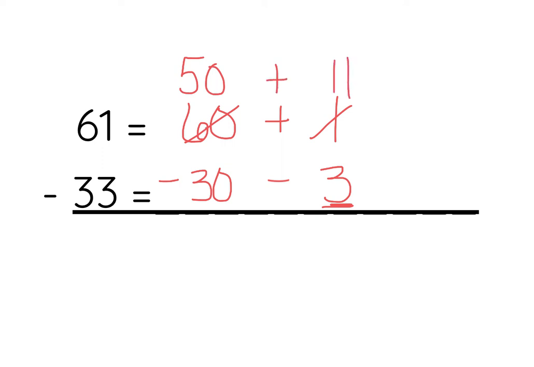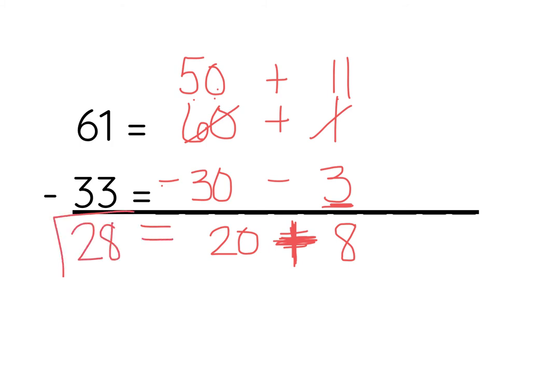Again, we just took a group of 10 and gave it to the ones. 11 minus 3 equals 8. 50 minus 30 equals 20. Whoops, this should be a plus sign, not an equal sign. 20 plus 8 equals 28. Great job.